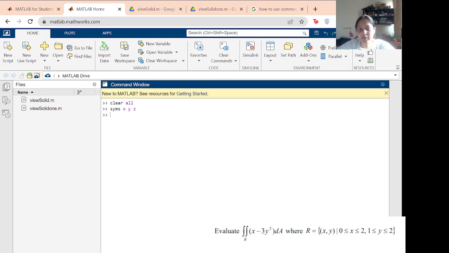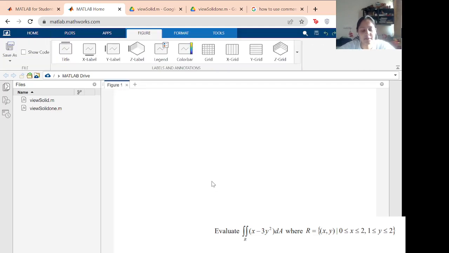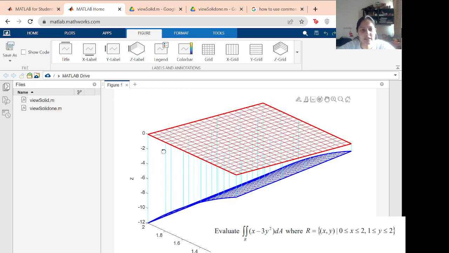First, this is our view solid function. We see the diagram. This is where we actually have our volume.